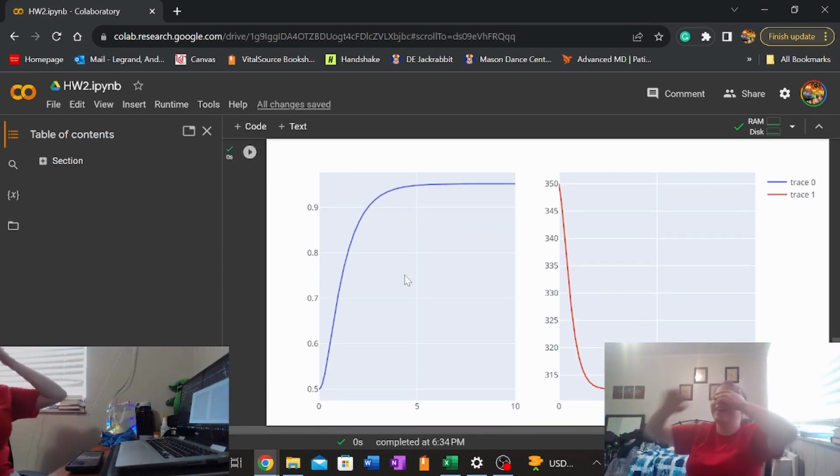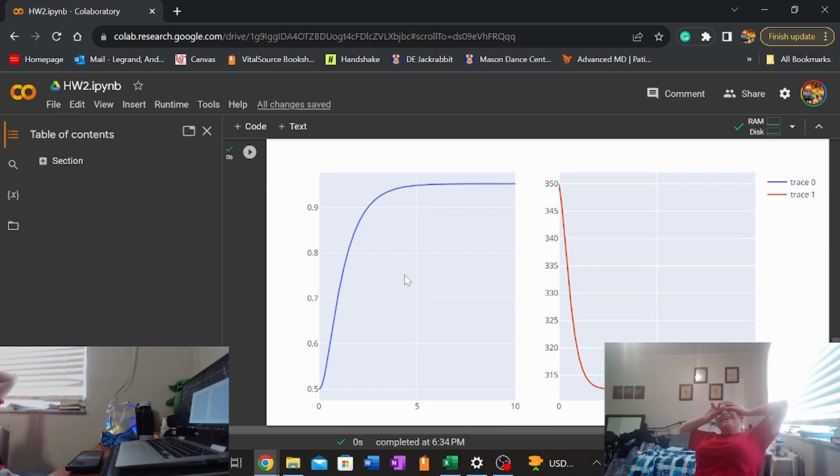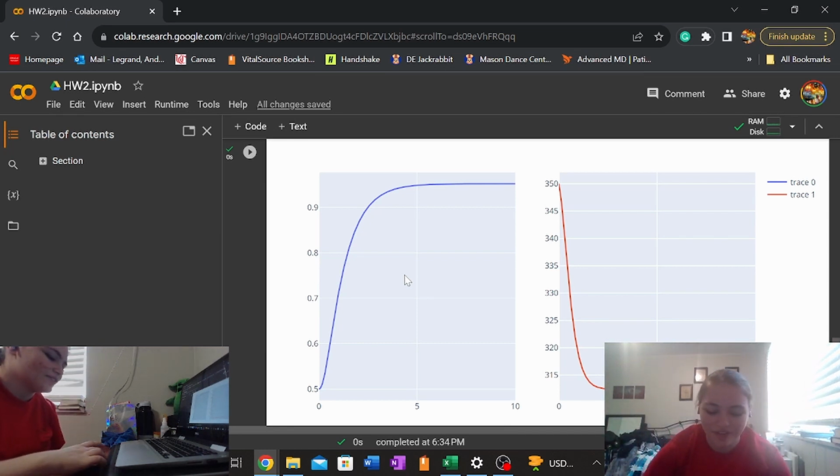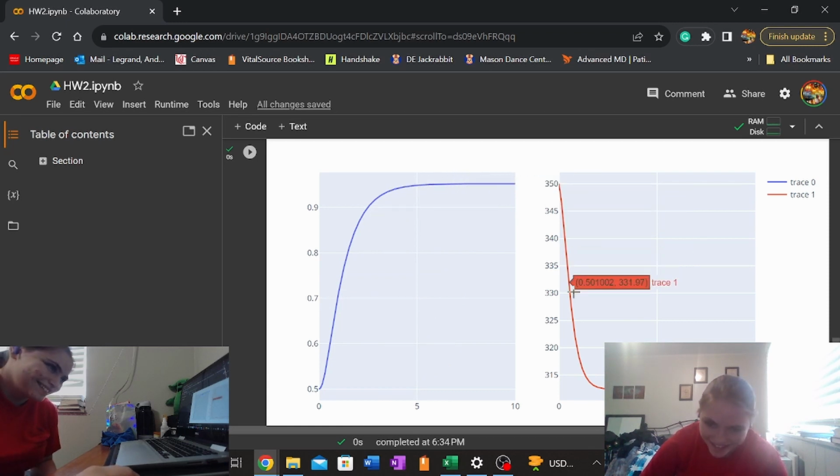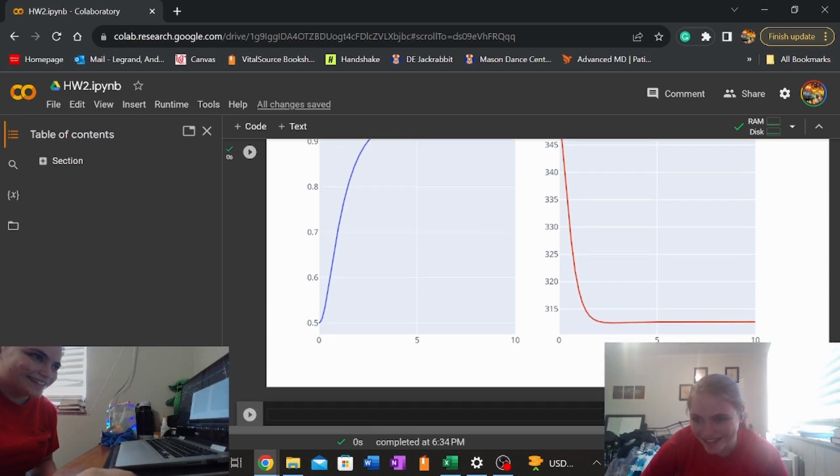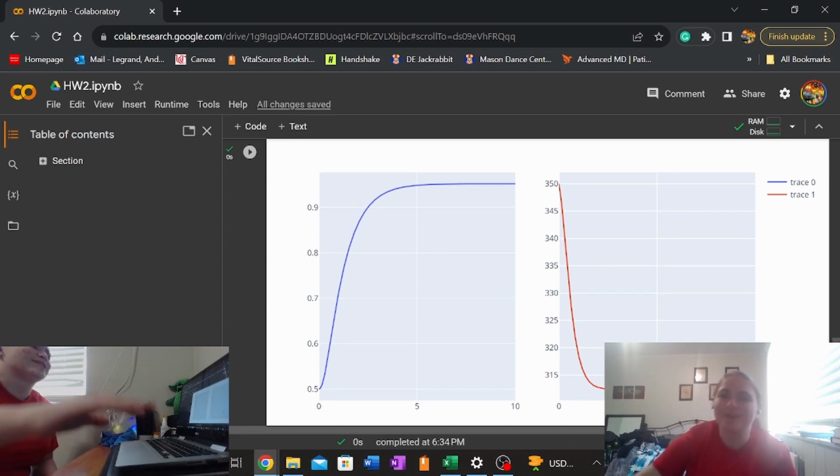There we go. I don't know why I just looked at that graph and then was like, oh, that's right. I forgot to take out the volume. So there we go. All right, that looks better. Cool. Glad I fixed that.